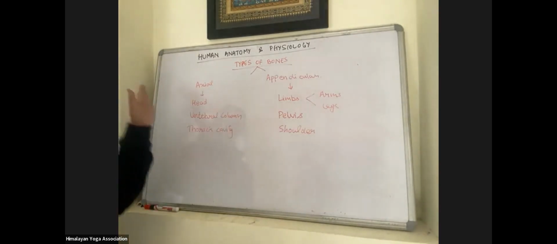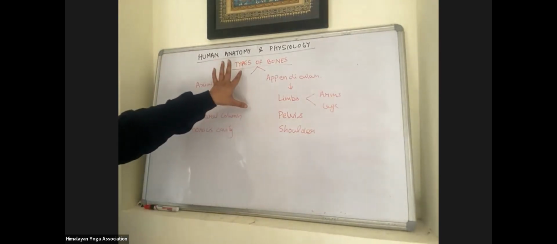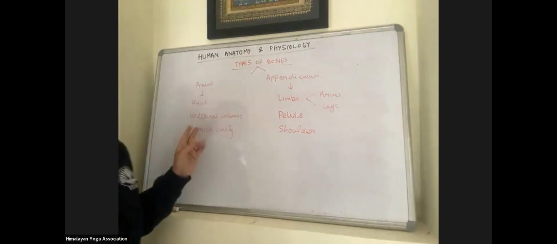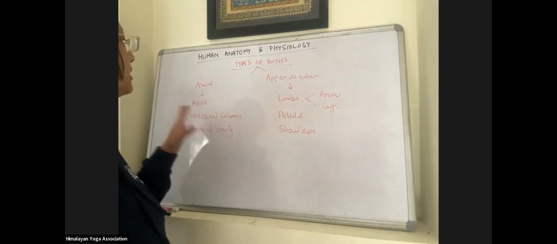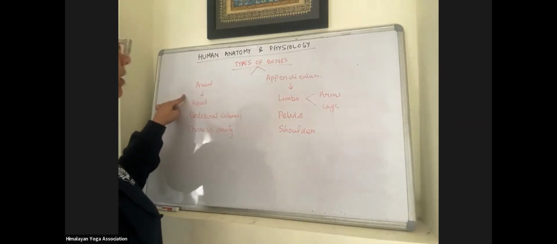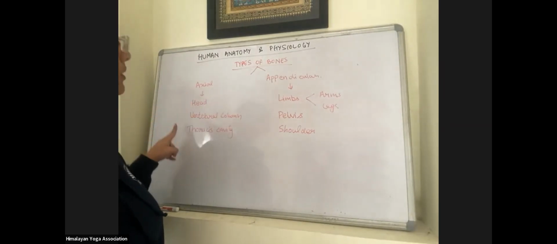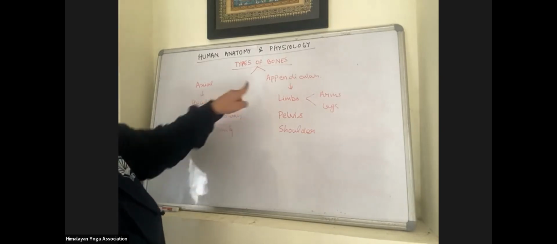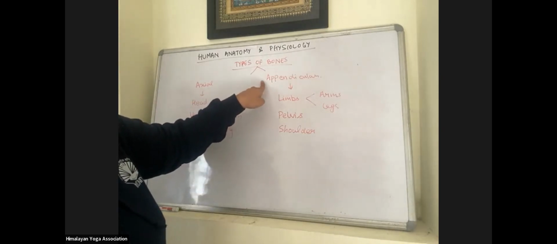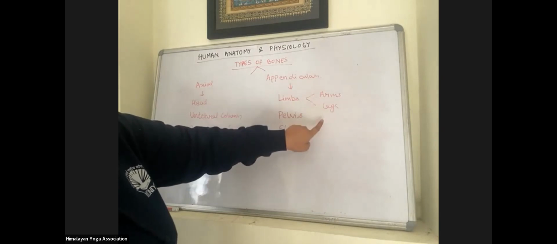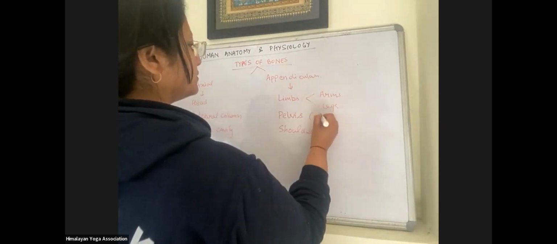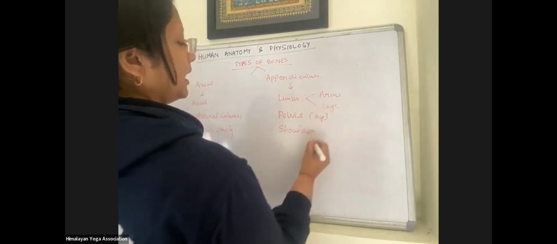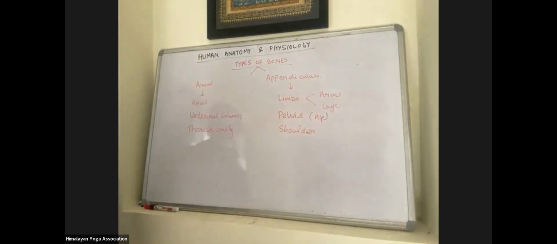So the bones can be classified into two categories, which are axial and appendicular. Axial is the head, the vertebral column, and thoracic cavity. Then we have appendicular, which has limbs, that is arms, legs, and pelvis. Pelvis is the hip region. And the shoulder. Okay.